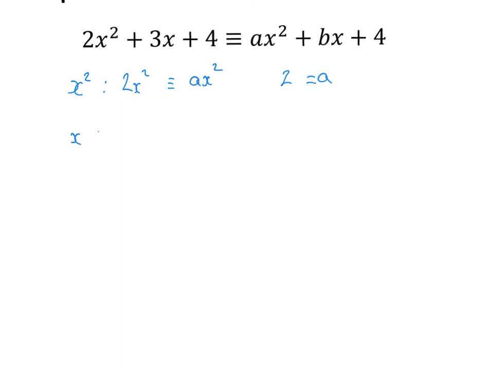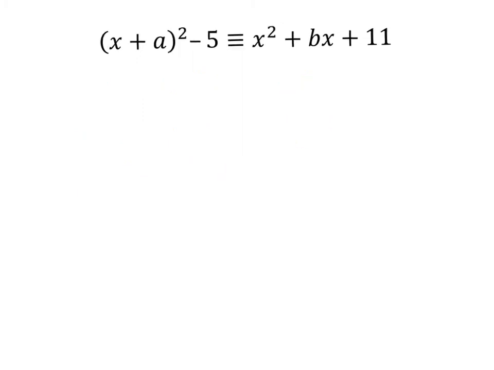If we look at the x terms, we have 3x on the left, and that needs to be identically equal to bx, so then b must equal 3. And in the number terms, what we have is 4 is identically equal to 4. Well, that's standard enough. 4 does equal 4 for all values. So for these two expressions to be identically equal, a must equal 2 and b must equal 3.